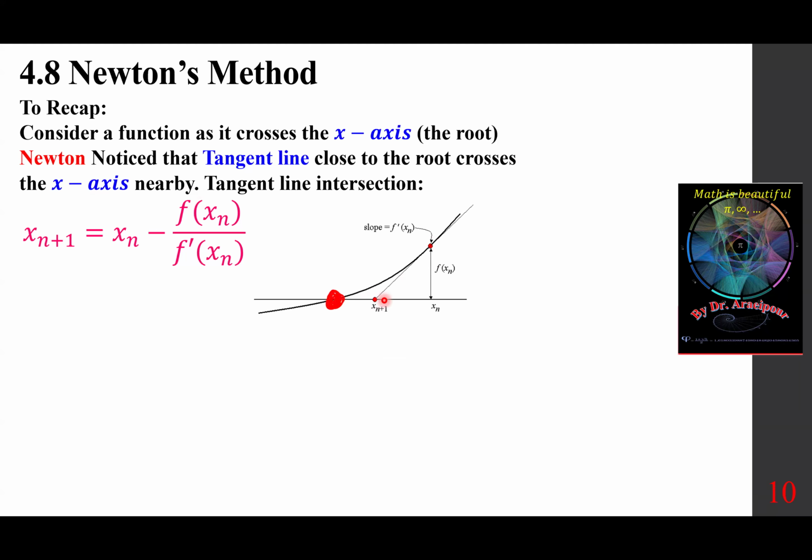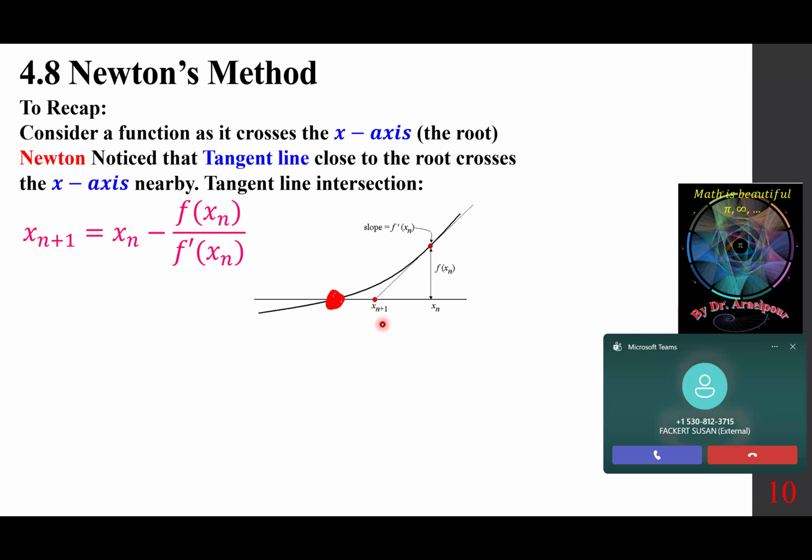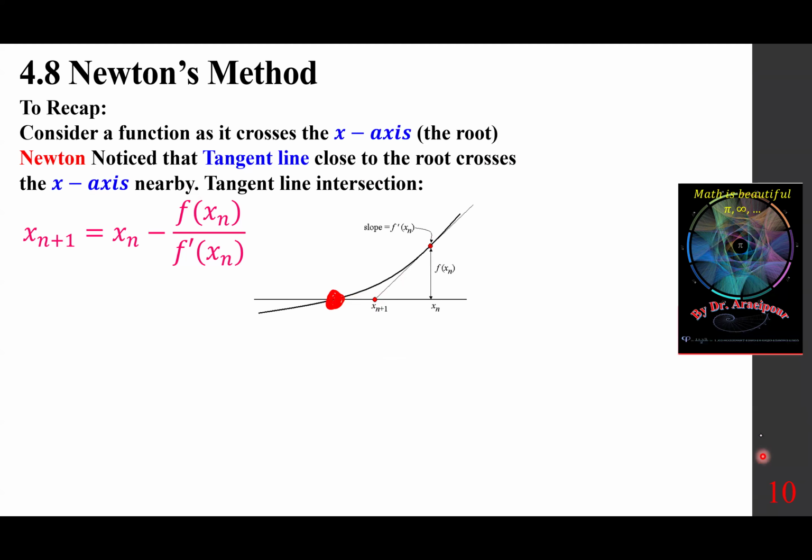Is this the same as this one? No, but this is close. That's the idea. So notice that a tangent line close to the root crosses the x-axis nearby. Tangent line intersection, and we go with the equation y minus y1 equals m times x minus x1.